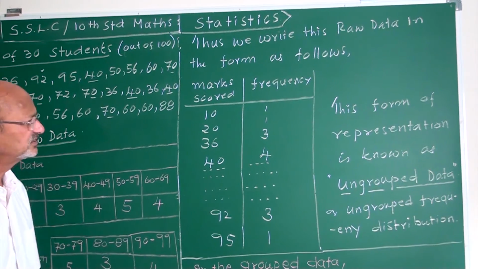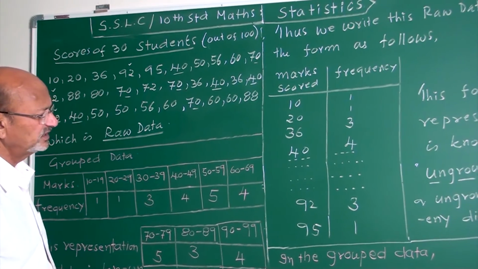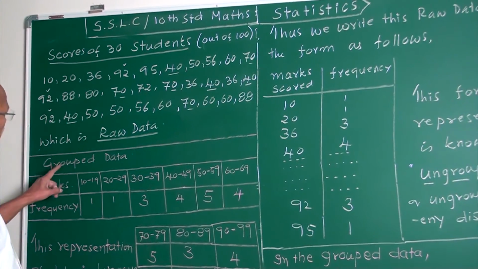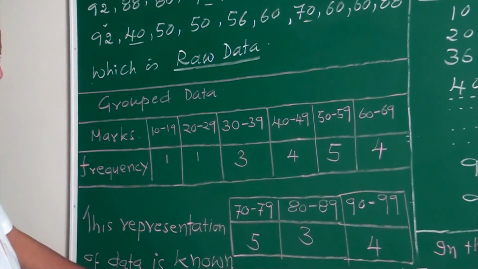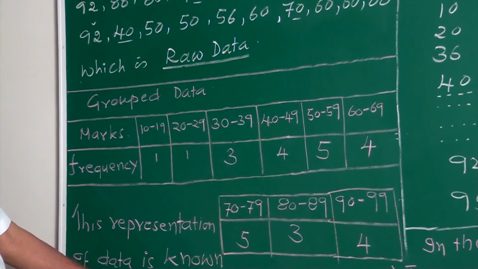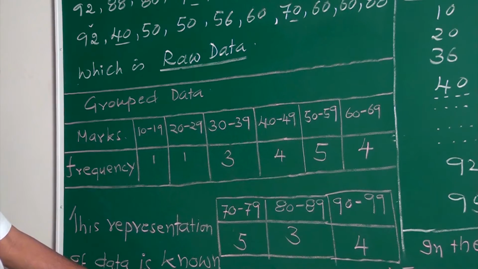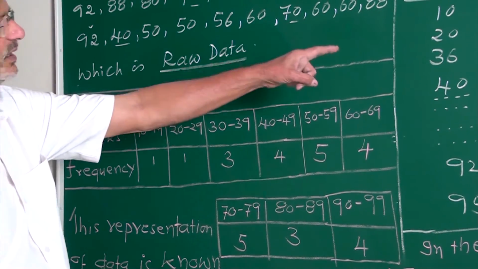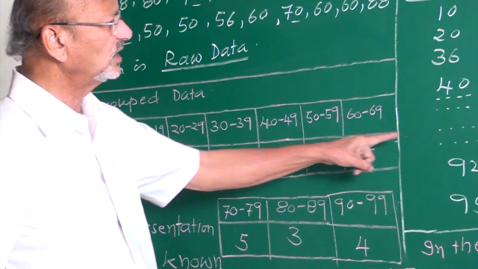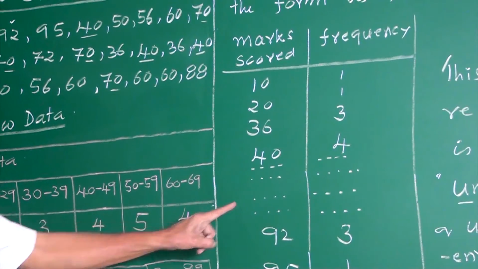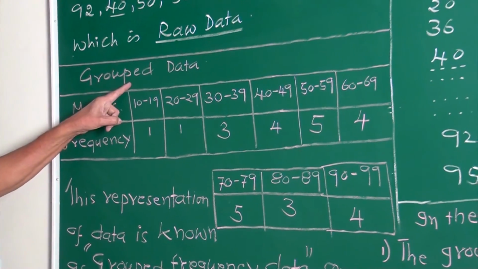That arrangement is called grouped data, otherwise grouped frequency data. So from the raw data to ungrouped, and from the ungrouped to grouped data.